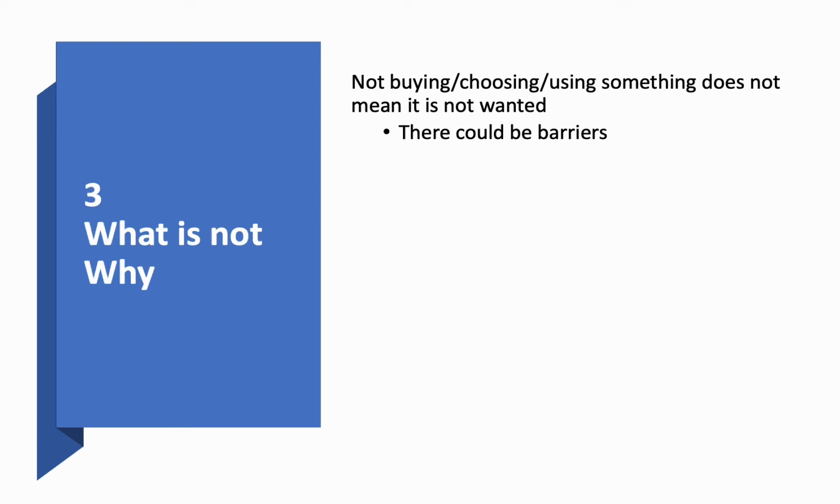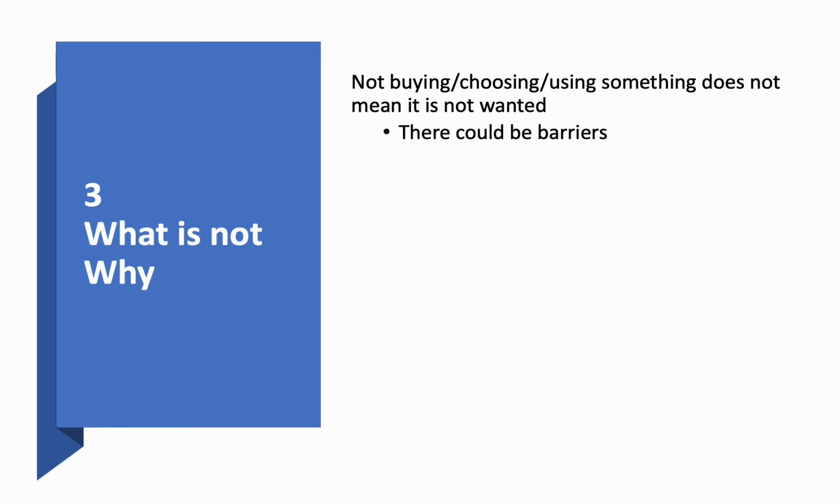Number 3, this is a really important one again. What is not why. So it's fantastic with behavioural data that we get lots and lots of what is actually happening. But not buying something, not choosing it, not using something doesn't mean that it's not wanted. There might be barriers to actually using it.